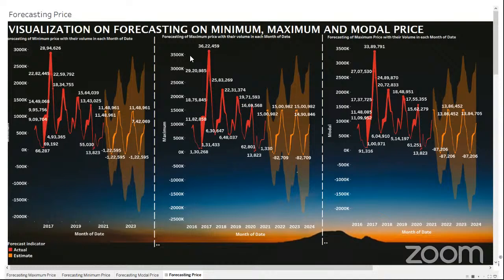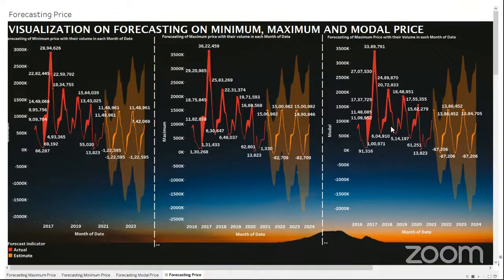Similarly, when it comes to maximum prices, we again found that there was a high maximum price in 2017 rather than now. So these are being slowly standardized, and this has a far more impact than what was in 2017.